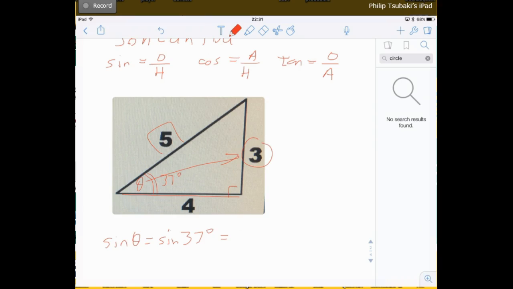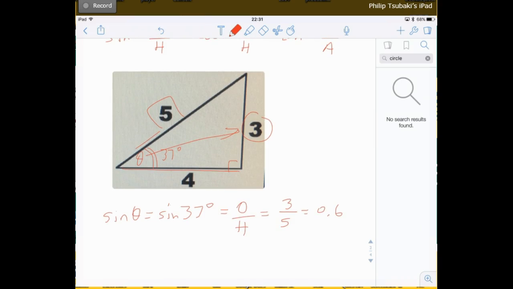So the opposite leg is what you use for the numerator of sine, and the hypotenuse, which is the slanted side, you use for the denominator of sine. So in this case, we're going to put 3 divided by 5, which happens to be 0.6, right? So the sine of 37 degrees is 0.6.